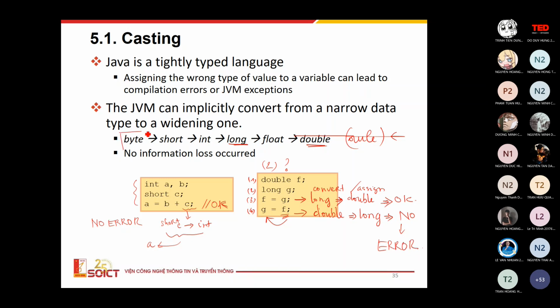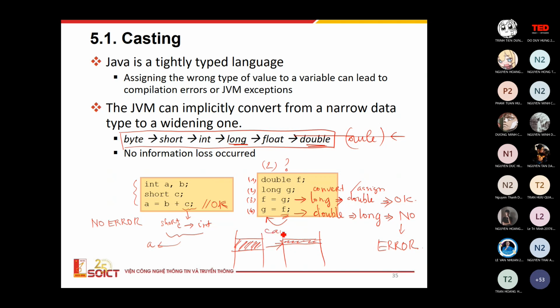You just have to remember this rule, and you will know whether you can assign the value. From smaller one to bigger one, okay, but if you want to assign a bigger one to a smaller one, it will not be okay. You can imagine, for example, you have this very big box and you want to put this big box into the smaller one, so it cannot.